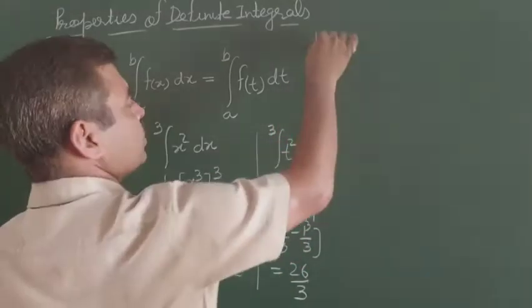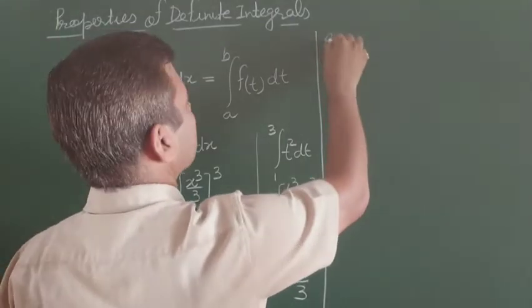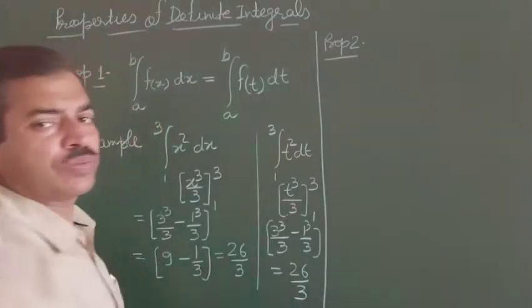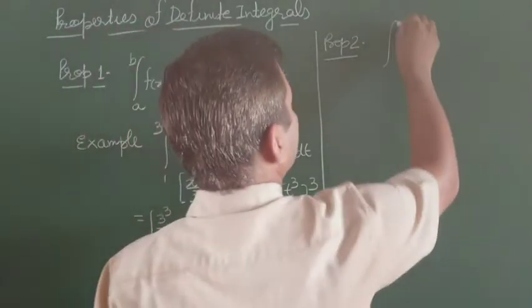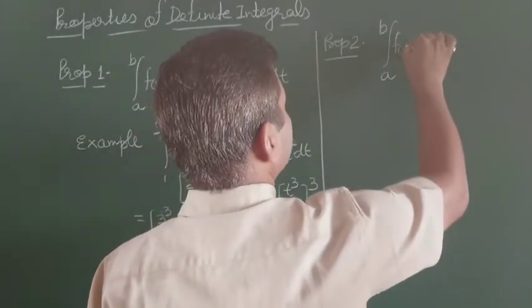Now come to the second property. Property 2. Students, limits are given here, a to b, f(x) dx.